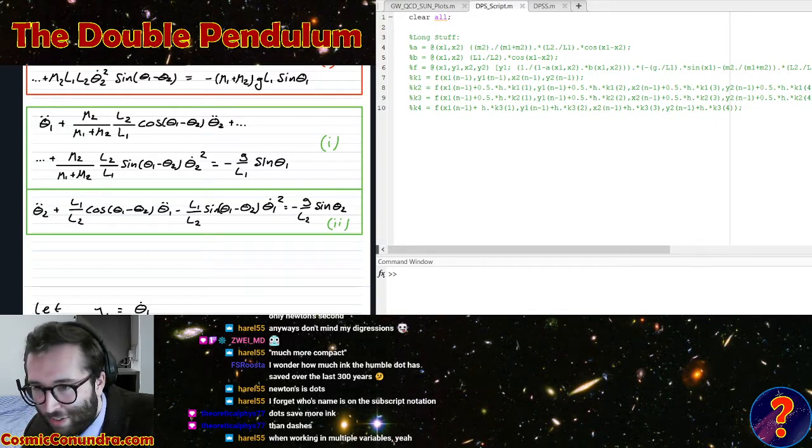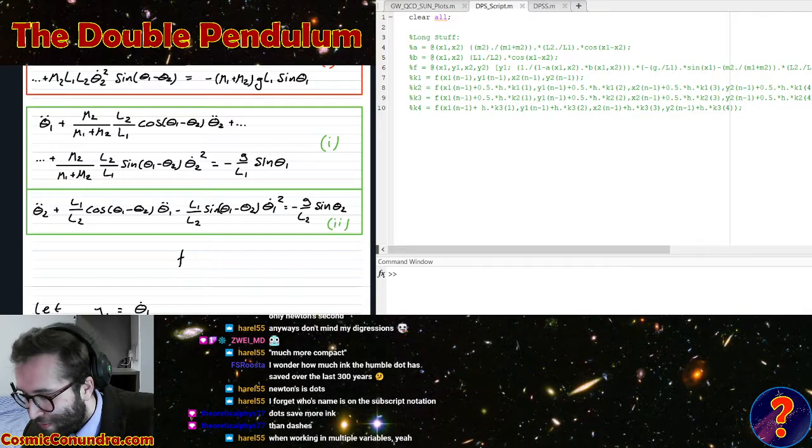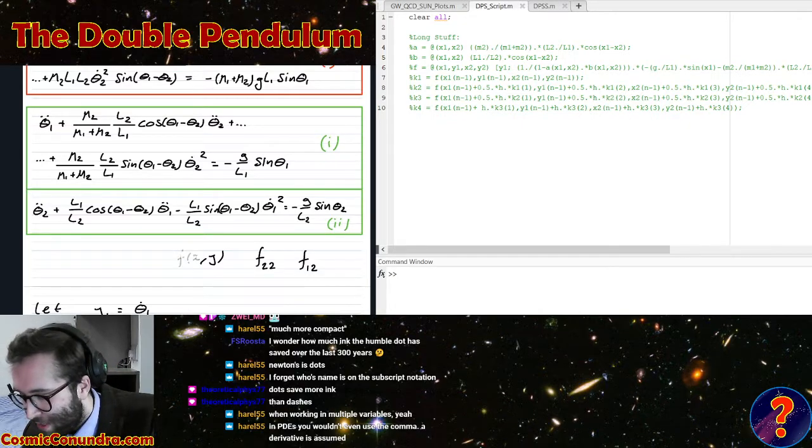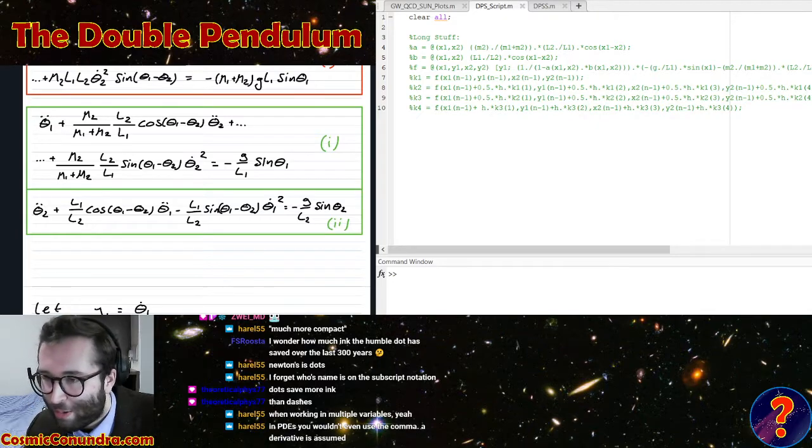I quite like that notation in GR, actually. Yeah, I know the one you mean, where if you've got a function f of x and y, then the derivative with respect to x would be f1, and the derivative with respect to y would be f2, and so on. Yeah, I'm not so keen on that notation, but luckily I don't have to work with PDEs enough that it's too much of a bother.